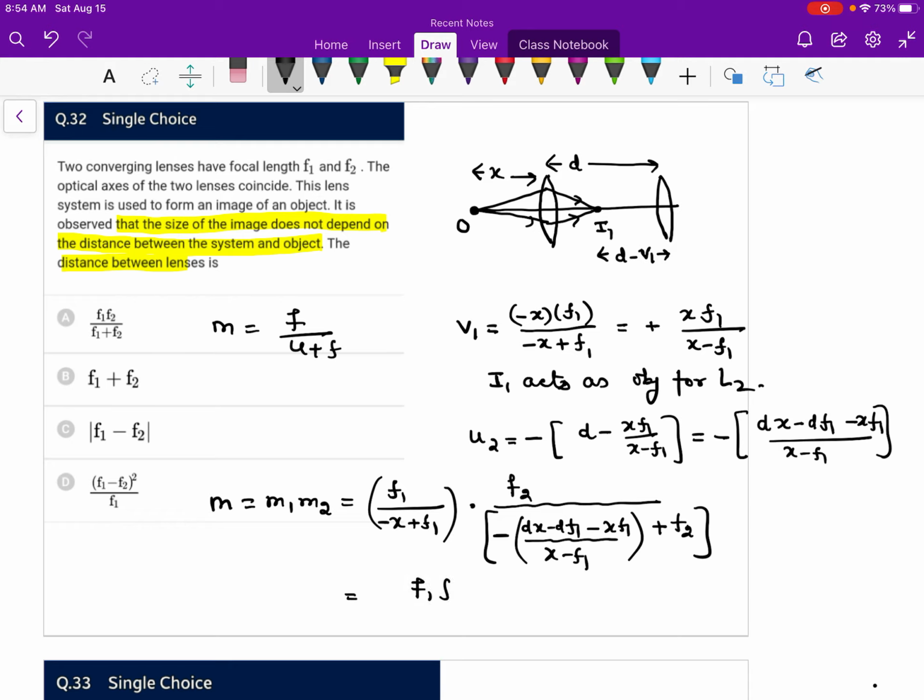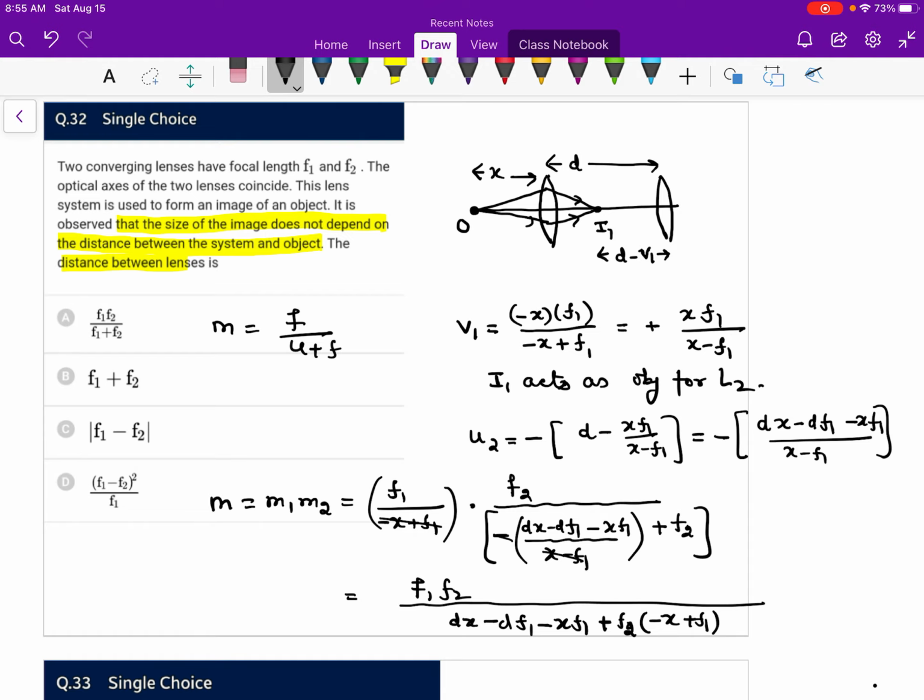So let's simplify this. So this is f1 f2 upon (minus x plus f1) times (minus x plus f1). This cancels after taking LCM. So this is dx minus df1 minus f1 plus f2 into minus x plus f1. After taking LCM, this x minus f1, this f1 minus x cancel.